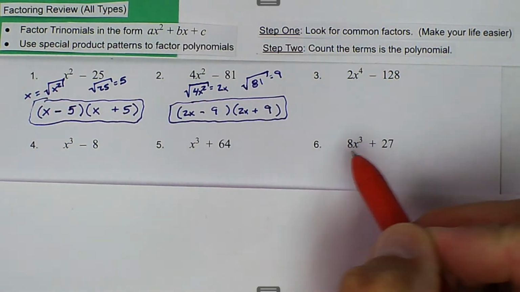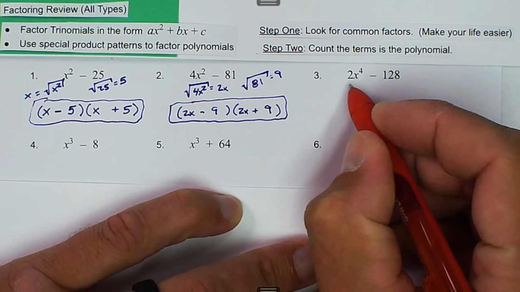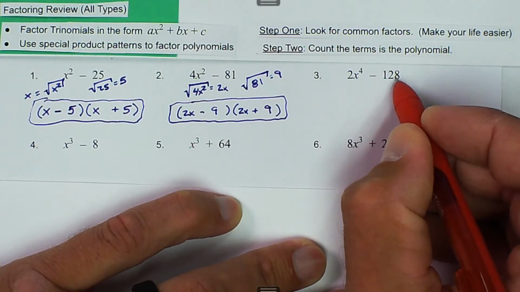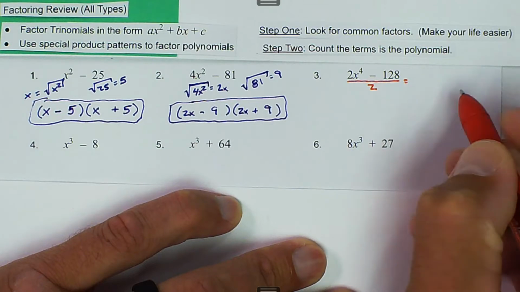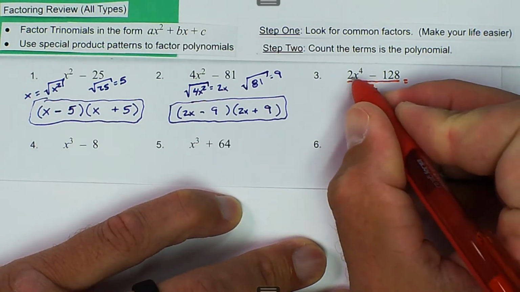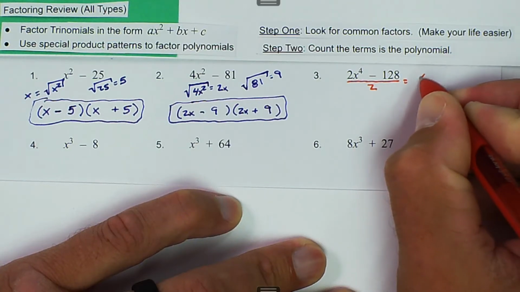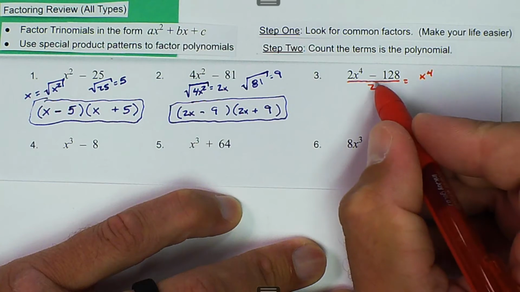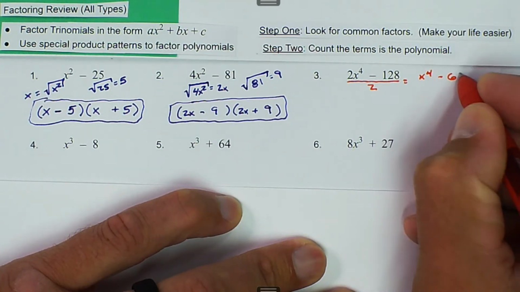Well, I know that 2 is not a perfect square, so the first thing that we want to do is see if we can make this a perfect square. They're both even, 2 and 128, so I can divide these both by 2. And what we get is 2x to the 4th divided by 2 is just x to the 4th, and negative 128 divided by 2 is negative 64.